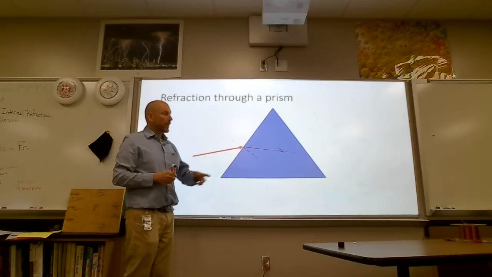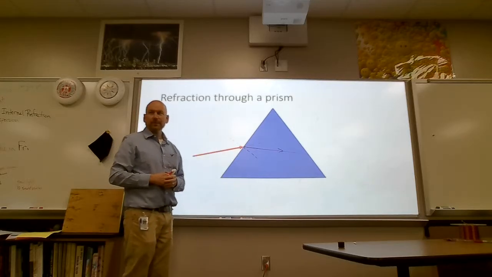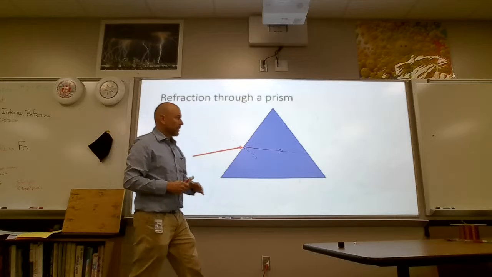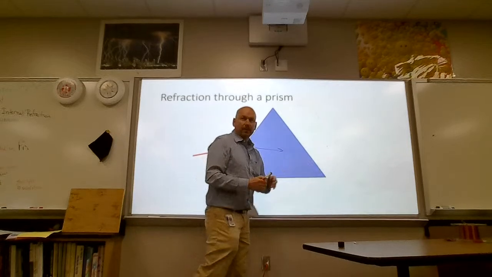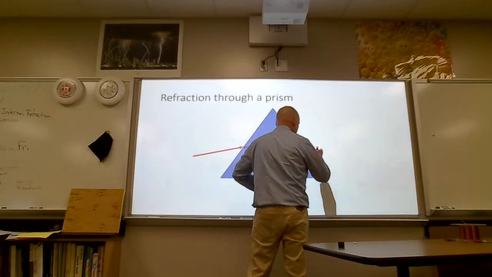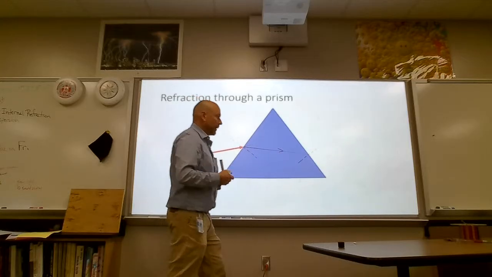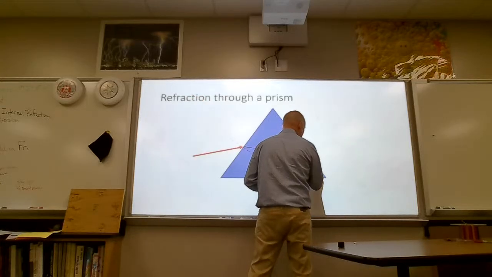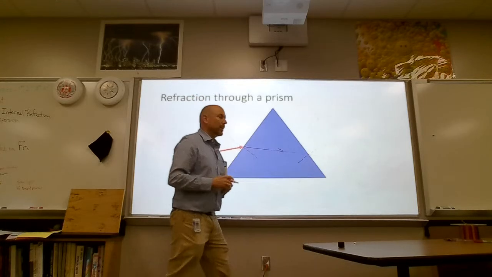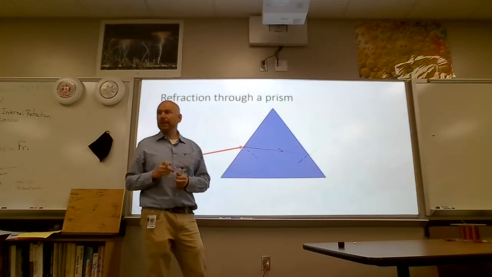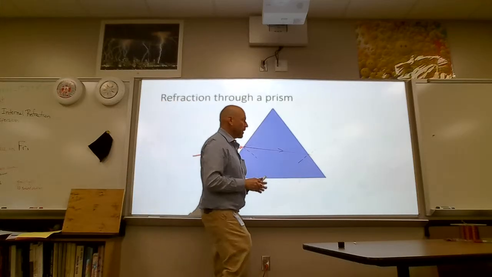Show me the normal line for this next surface. Perpendicular. Here's no refraction. What's it going to do? Bend away or towards the normal line? Away.